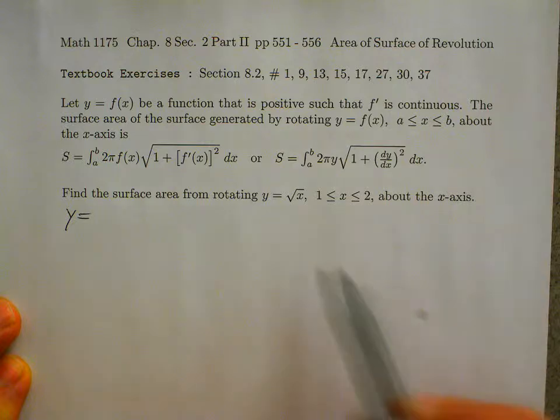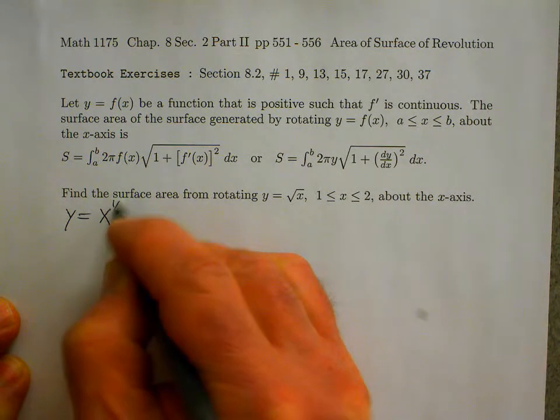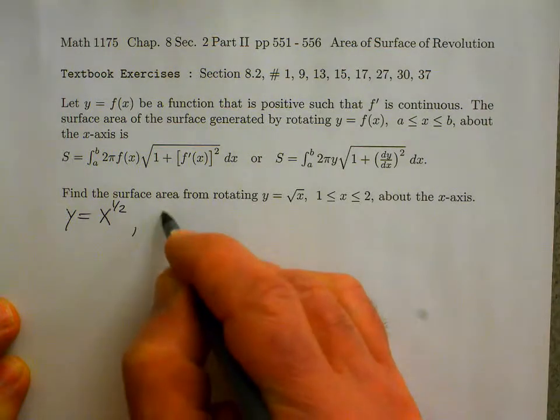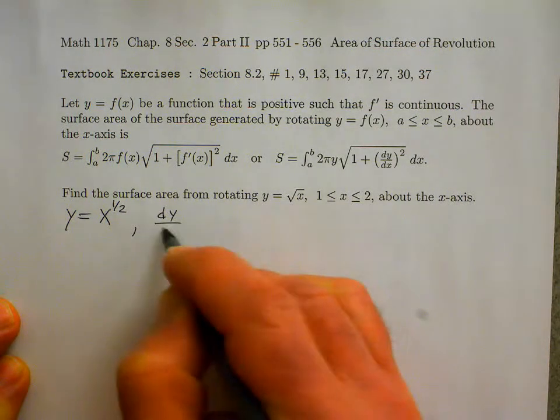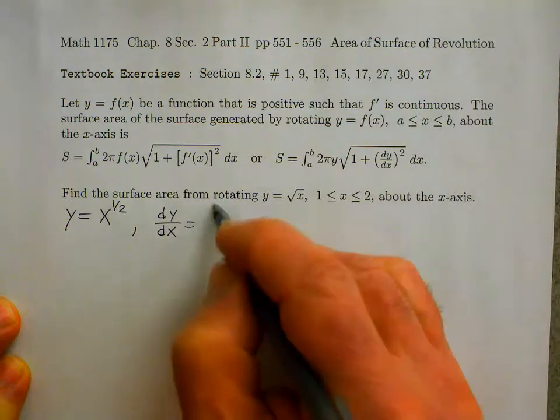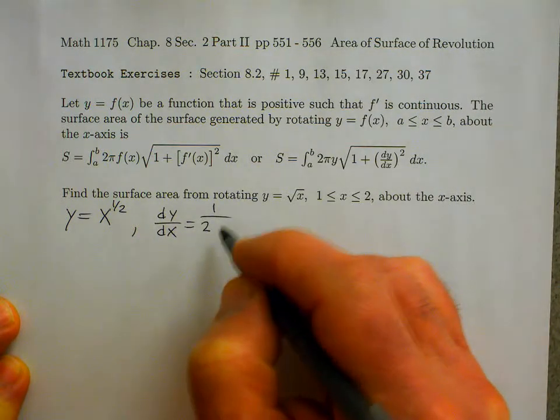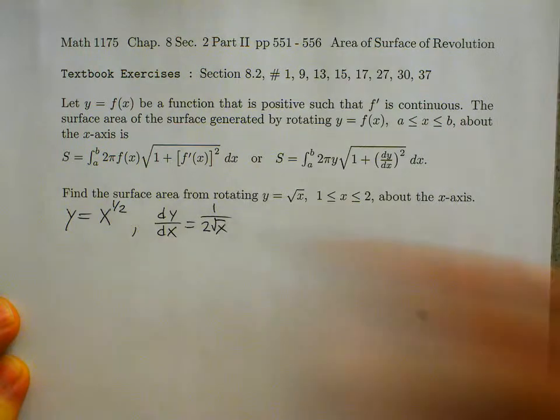So think of y equals the square root of x, if you want, as x to the 1/2. And so the derivative is 1 over 2 times x to the 1/2, or 1 over 2 times the square root of x.